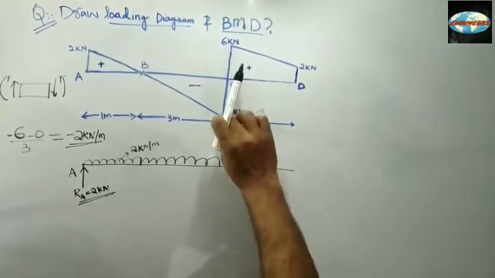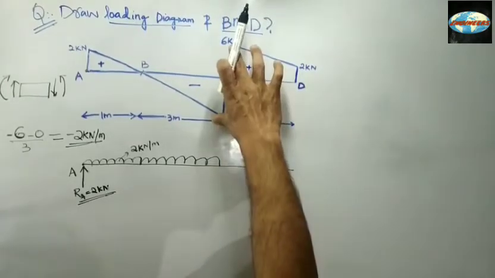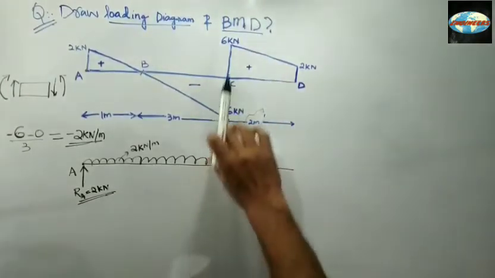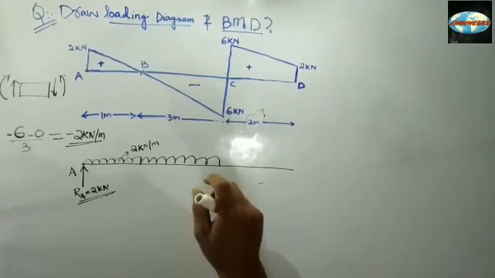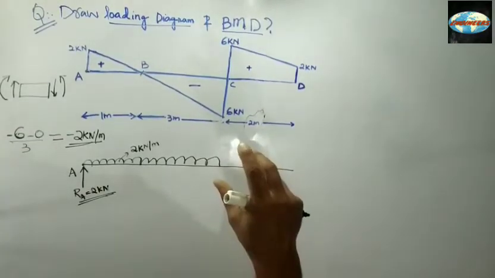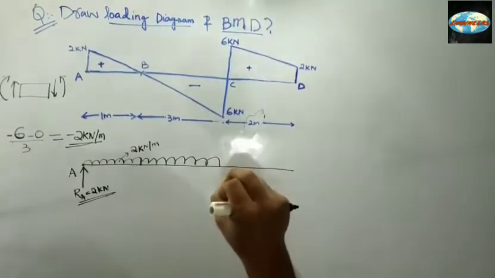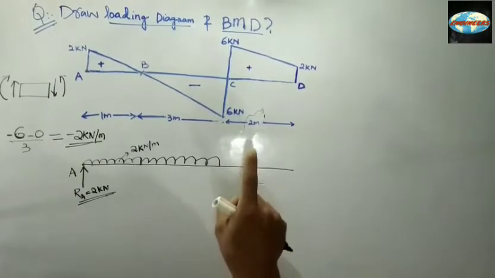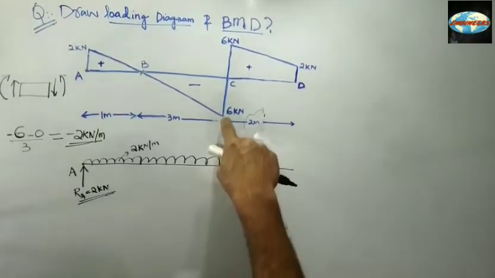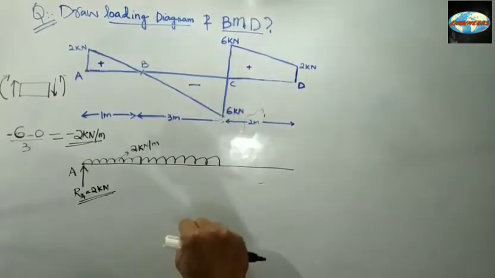It changes from minus 6 to plus 6, and whenever we have a drastic change, you should think of a support at that point. Hence there will be a support at C, and we will calculate the reaction at C.